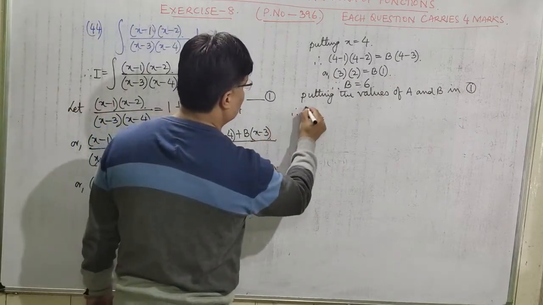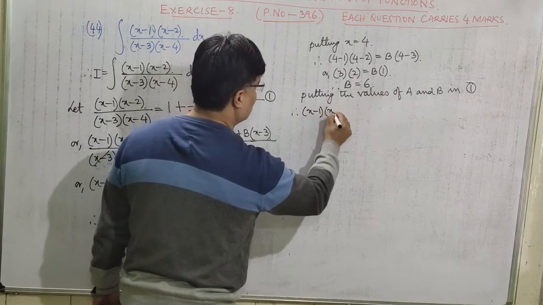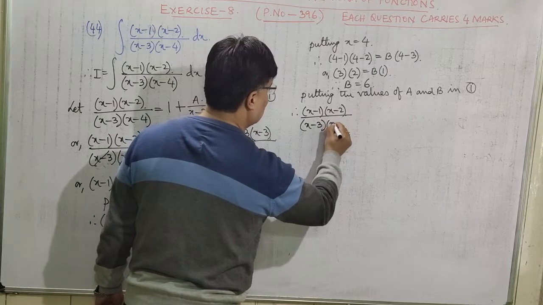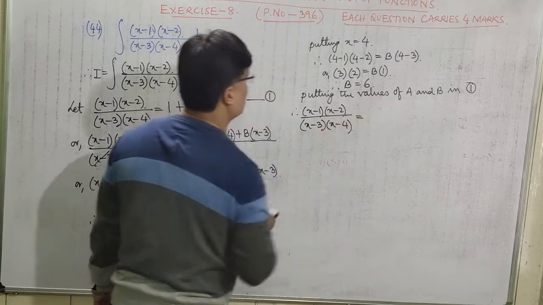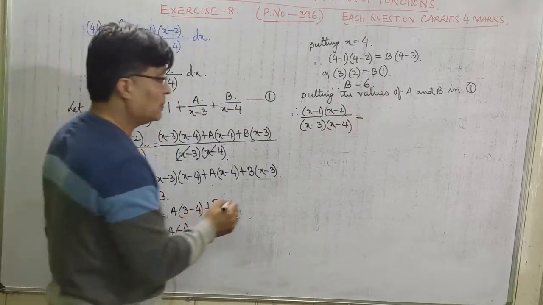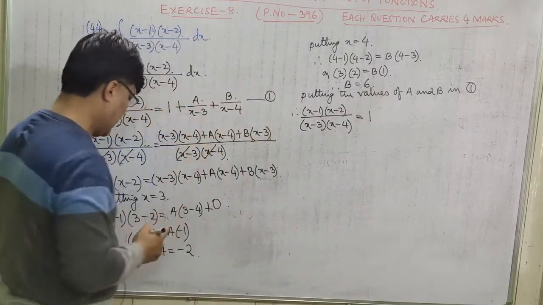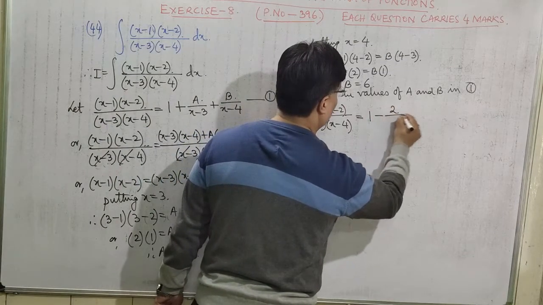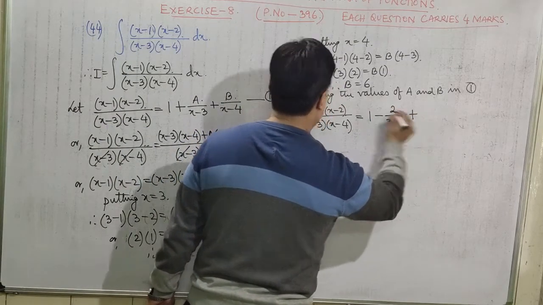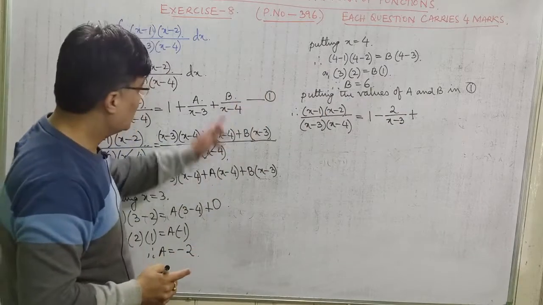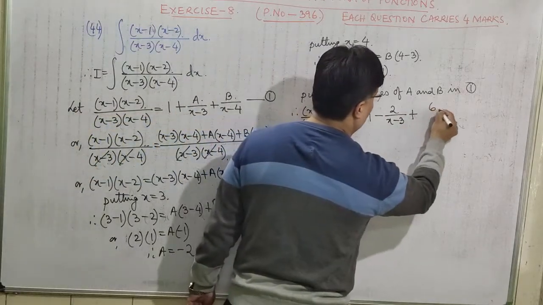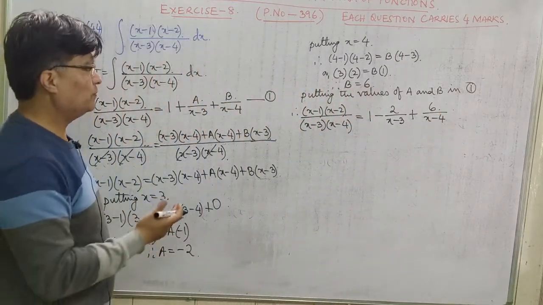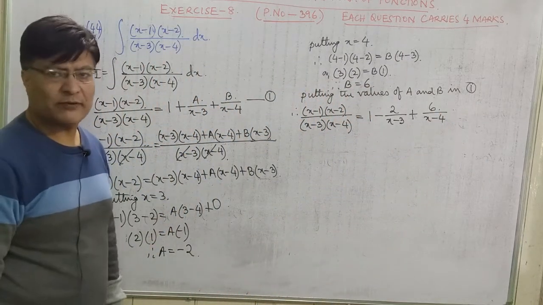So number 1 now becomes (x minus 1)(x minus 2) divided by (x minus 3)(x minus 4), which is equal to 1, plus a is minus 2, so minus 2 upon (x minus 3), plus, what is b here? 6. So it is 6 upon (x minus 4). So we have got the partial fraction.